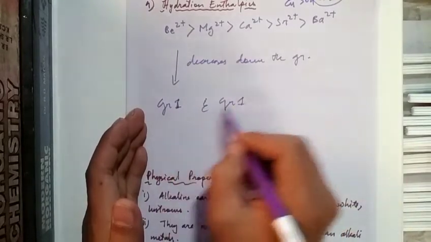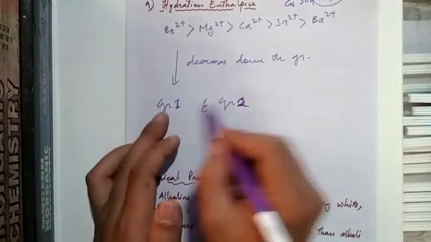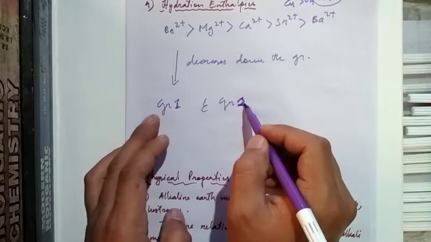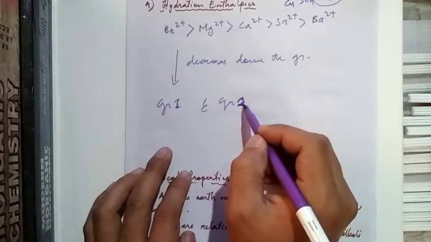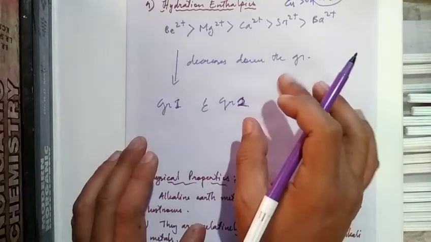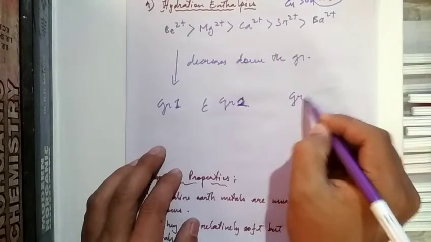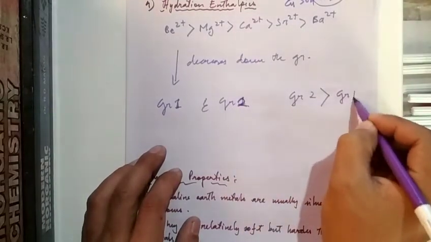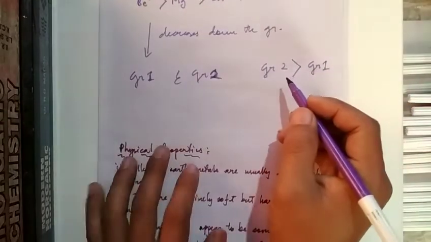Group 1 are greater than group 2 in size, so obviously group 2 elements will have higher hydration enthalpy than group 1, since they are smaller in size. We know that smaller size means higher hydration enthalpy. So group 2 will have higher hydration enthalpy than group 1 elements. From that concept we can understand.